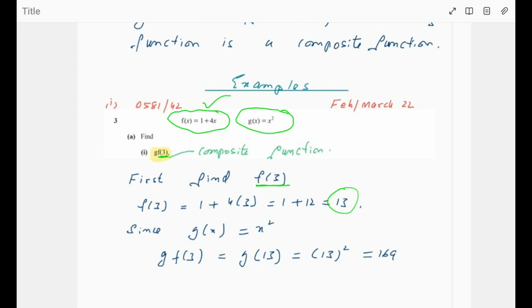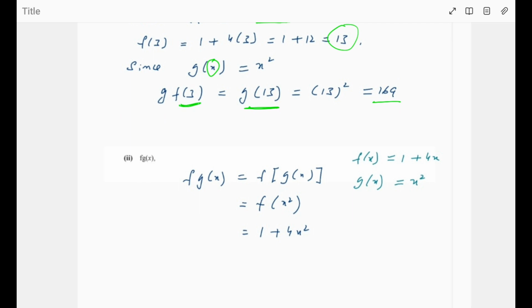Now, since g(x) is x squared, gf(3) means in place of x, I will write the whole f(3), which is 13. So g(13) is 13 squared, which equals 169. This is my answer.